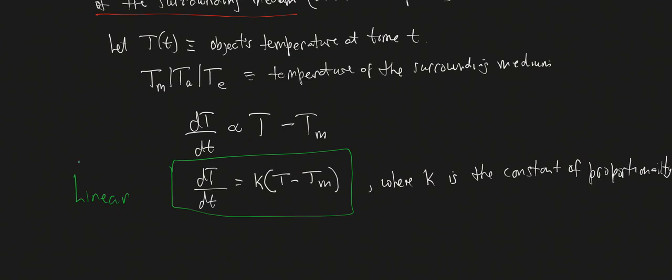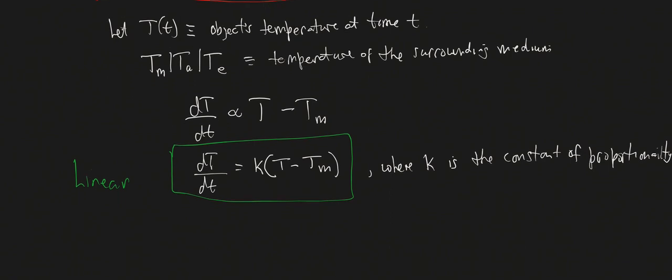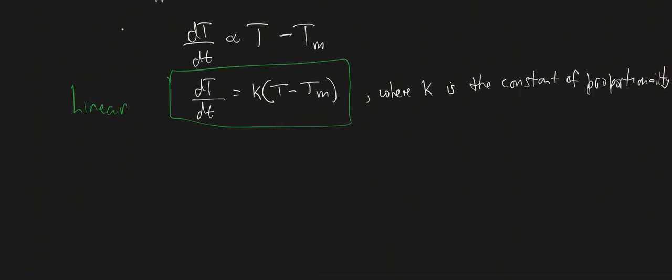So let me state this here, and then once we go through our examples, we can further classify the differential equation. But the fact that we know that it's always linear means we can always attempt to solve using integrating factors, right? So let's go ahead and do a particular problem. So let's look at an example.